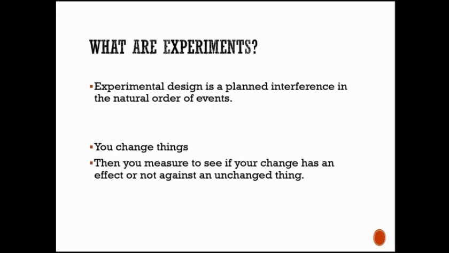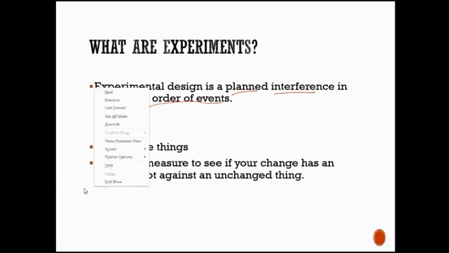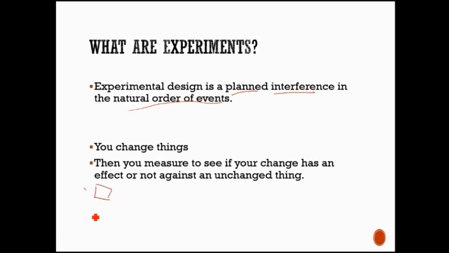Okay, so experiments, the fancy definition, is a planned interference in the natural order of events. But what this means basically is that you have one thing, you have another thing, and then you change one thing from a circle, let's say, to a triangle, and then you measure if your change made a difference to the thing that you did not change.